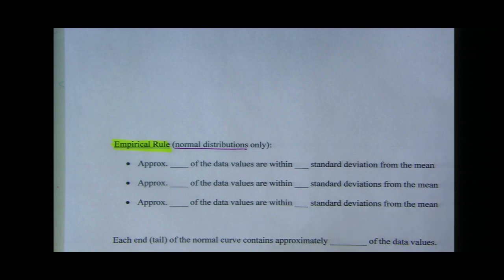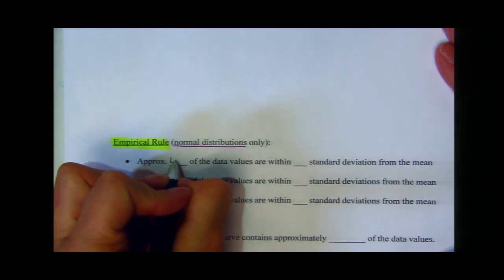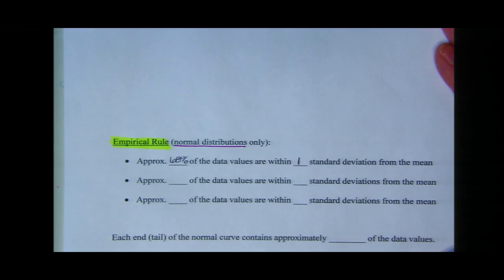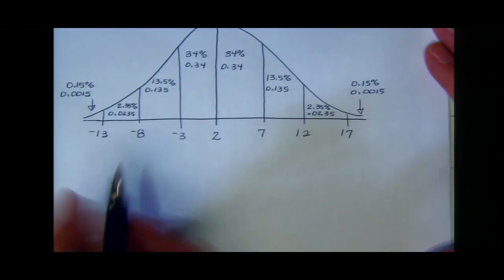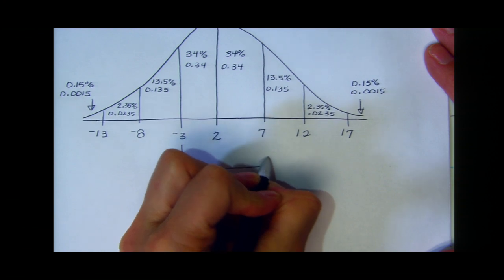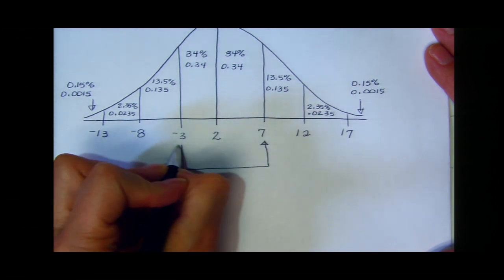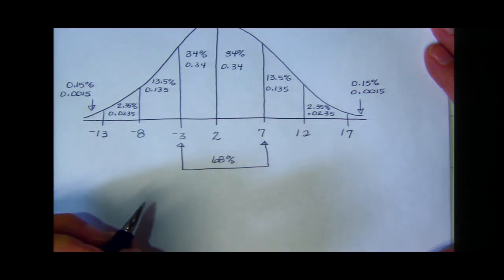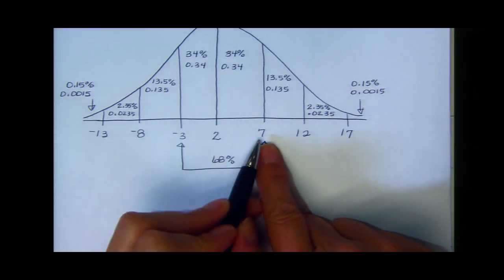Only a normal distribution. And that tells me that approximately 68% of the data falls within one standard deviation. So I look up here, here's one standard deviation. So it's telling me that 68% of the data would fall between -3 and 7.